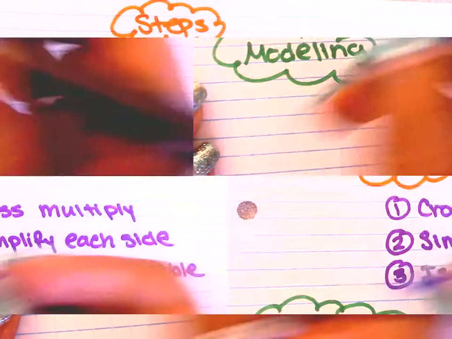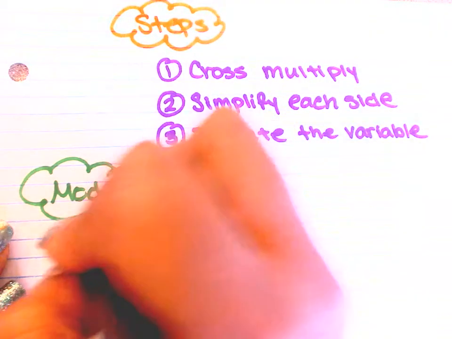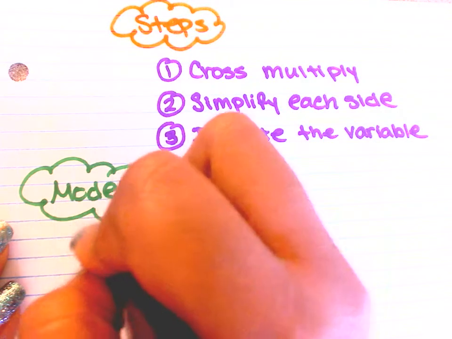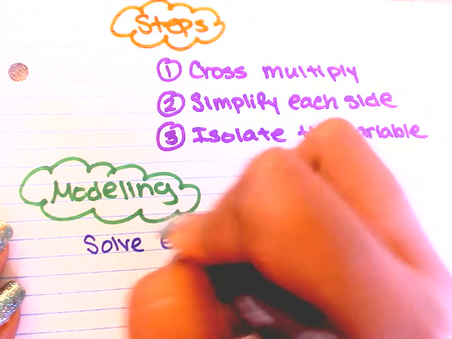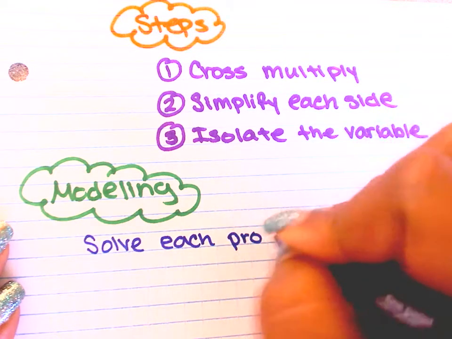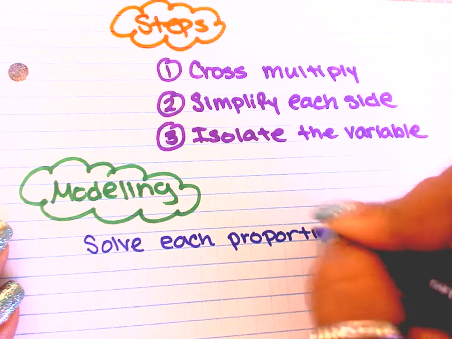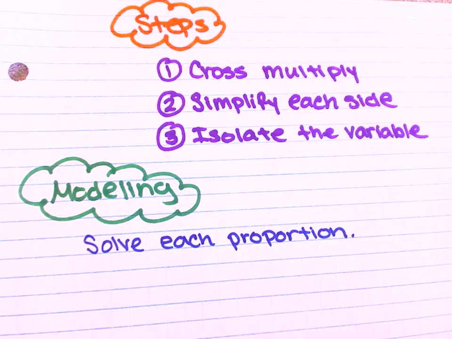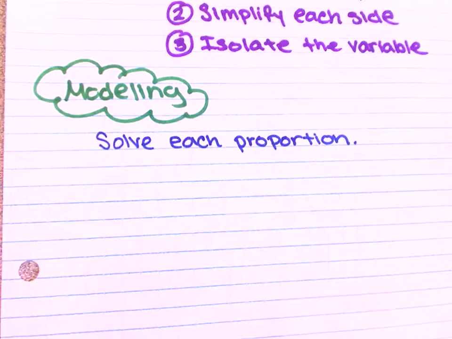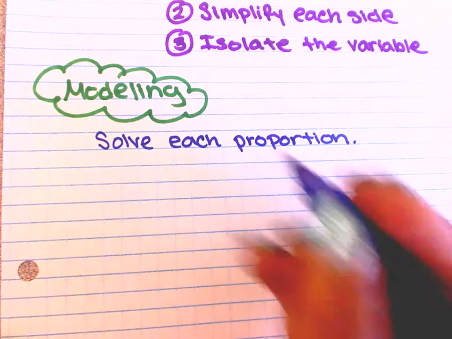Your directions will first say to solve each proportion. Go ahead and write the directions. Solve each proportion. Those are your directions.